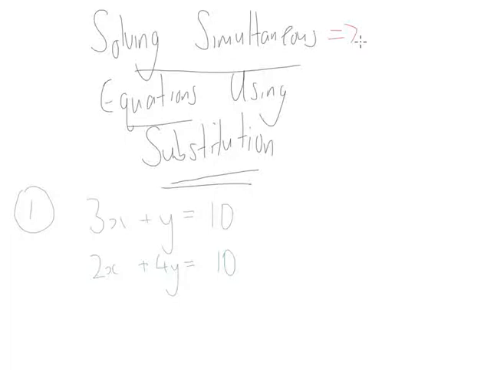What differentiates this from normal equation solving is that you're going to get two equations, and you've got two unknowns, your x's and your y's. In general, the rule is you can solve it if you've got the same number of pronumerals as you do equations. So here, two unknowns, two equations, we can solve this.